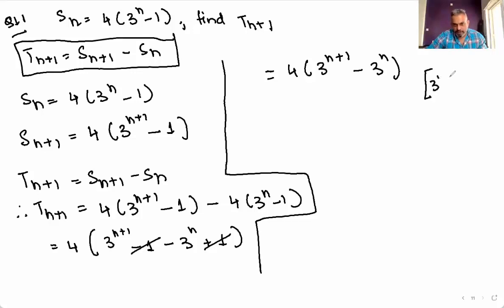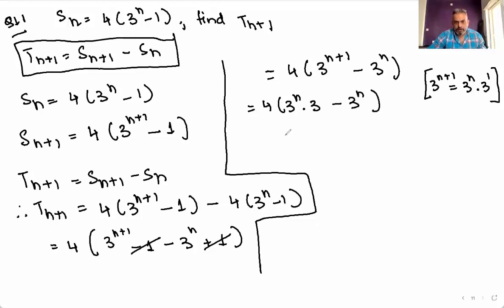3 raised to n plus 1 is equal to what? 3 raised to n into 3 raised to 1. So which is equal to 4 into 3 raised to n into 3 raised to 1, which is 3, minus 3 raised to n. Now 3 raised to n is common in both. So 4 into 3 raised to n in the bracket 3 minus 1, which is equal to 2.